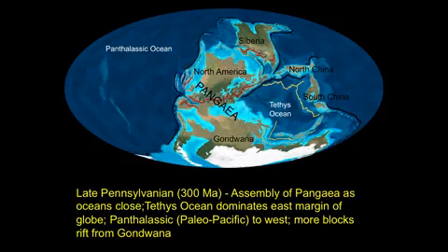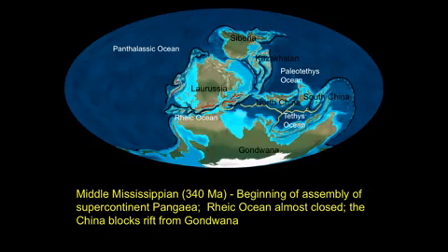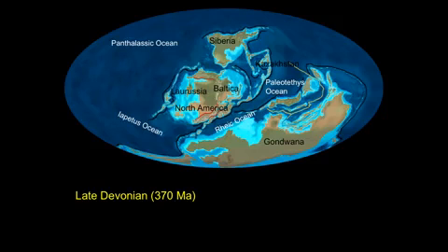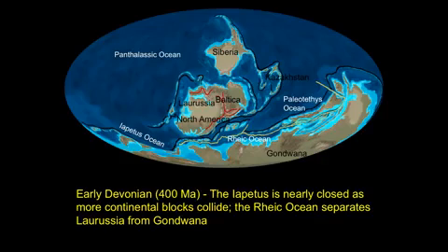If we go back even further, we start to see the assembly of Pangea as oceans close up between North America to the north and Gondwana to the south. We see this red convergence zone. Going back into the Devonian, 300 to 400 million years ago, we see Gondwana now mostly in the southern hemisphere, and now North America actually in the southern hemisphere.